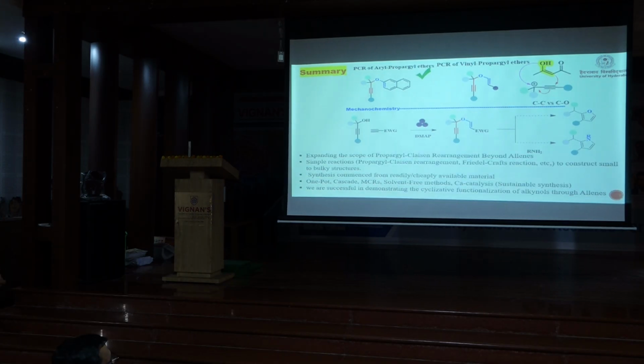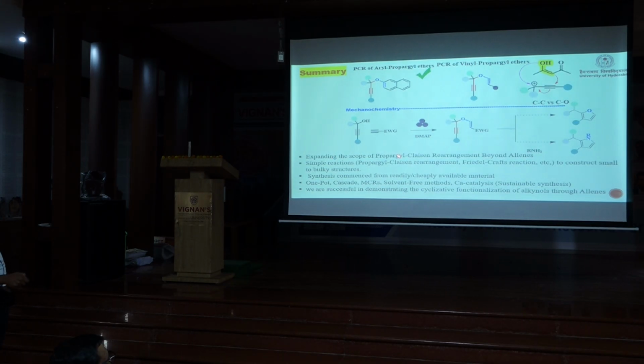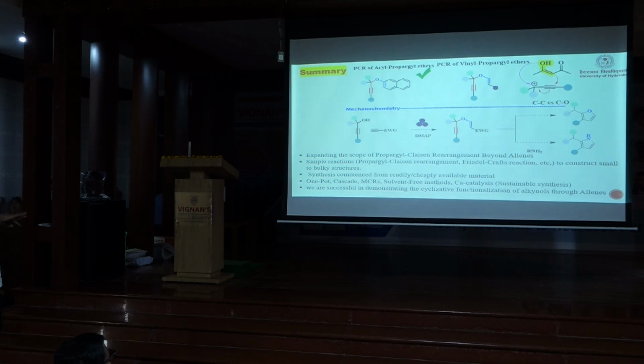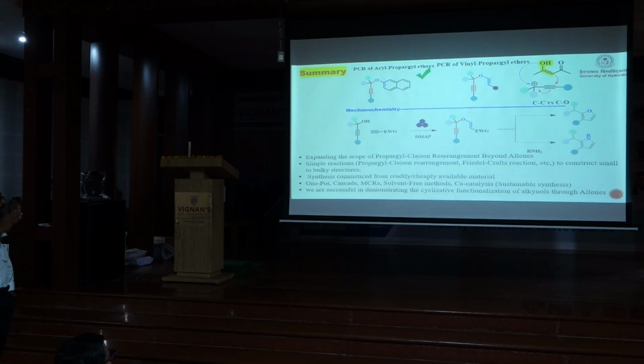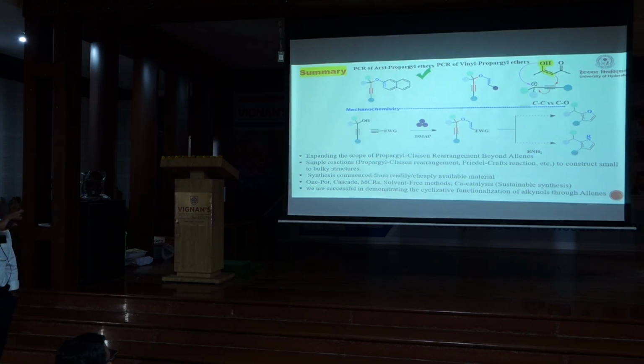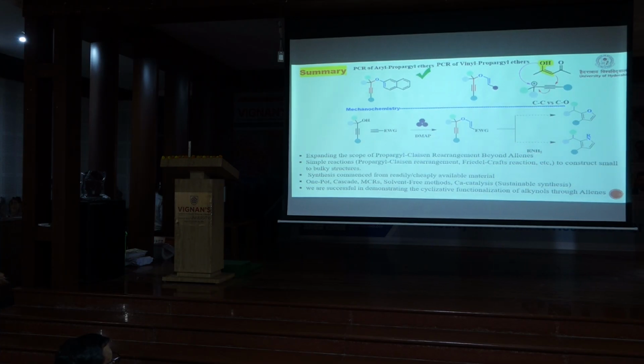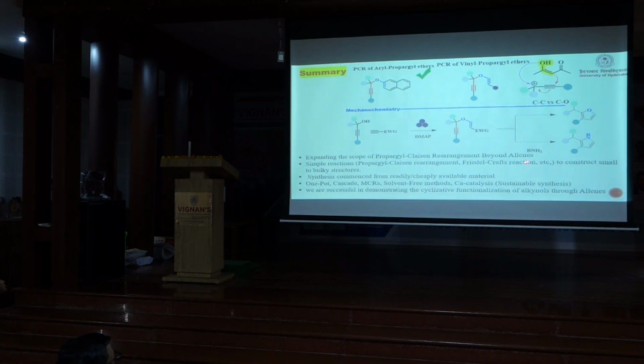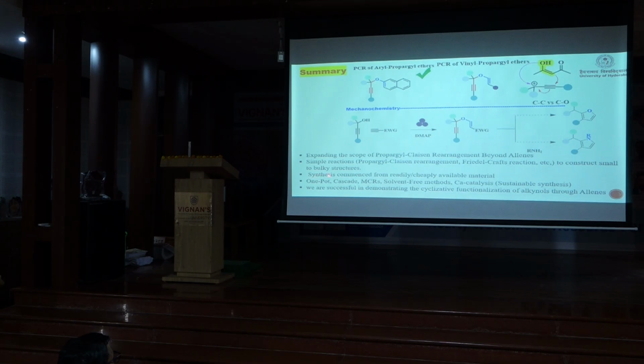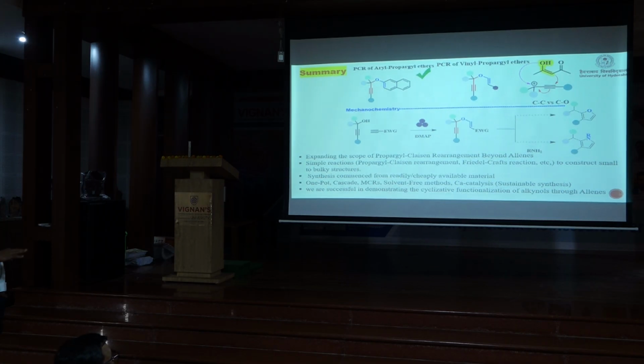So with this, I again say that we have expanded the scope of propargyl-Claisen rearrangement beyond allenes by the in situ formation of propargyl ethers, where we have isolated it, and we have extended to introduce polycyclic compounds that can be synthesized, where most of the times the reactions are very simple Friedel-Crafts reactions, and the synthesis generally commences with readily available small materials, and most of the times we use calcium based Lewis acid catalyst.